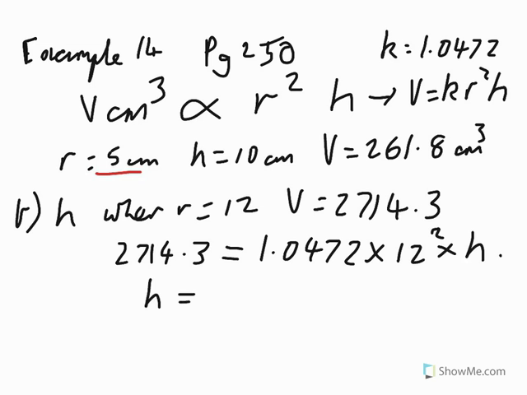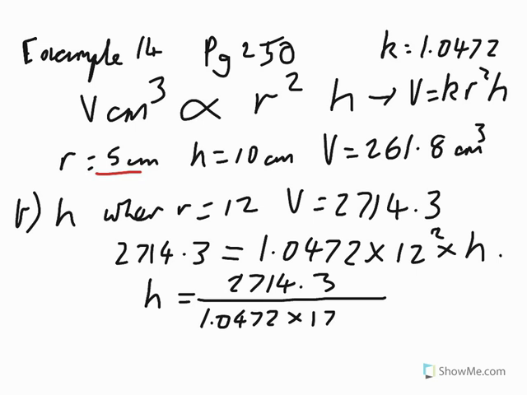So our height then would be 2,714.3 over 1.0472 times 12 squared. Get out the calculator and you get 17.9997, which to 2 decimal places is what we've been asked.